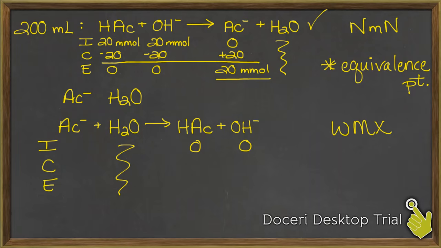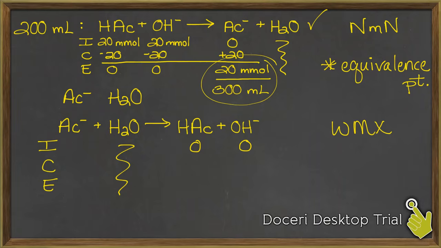At this point, ladies and gentlemen, let's think about what that total volume is. I have 200 milliliters of the base, and I had 100 milliliters, if you go back and look at the original slide, 100 milliliters of the acid, so that is 300 total milliliters.